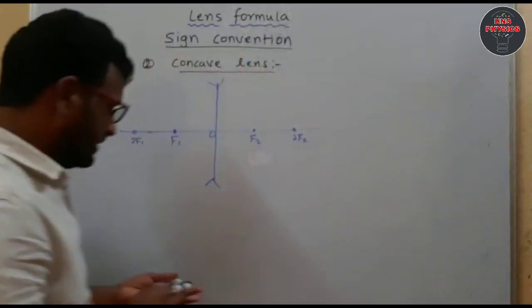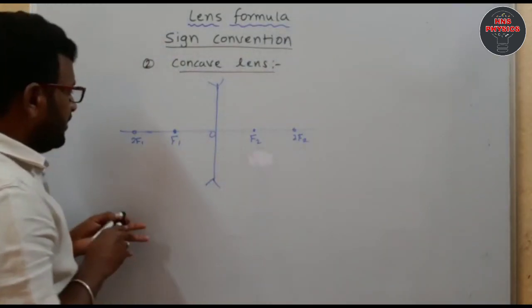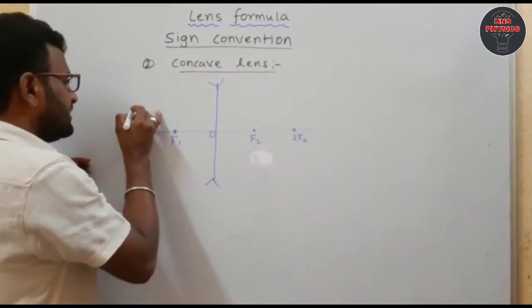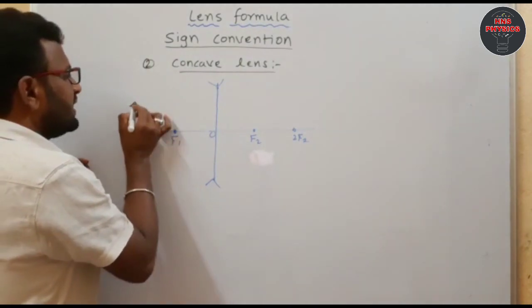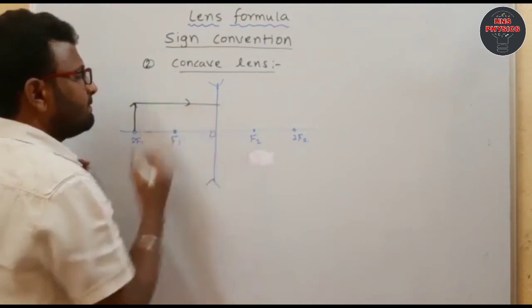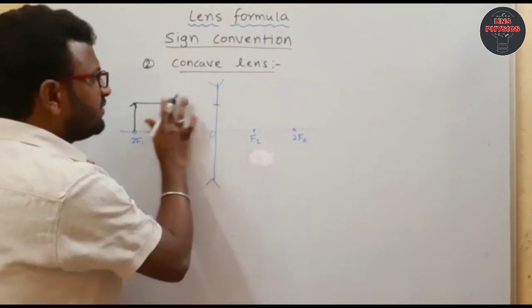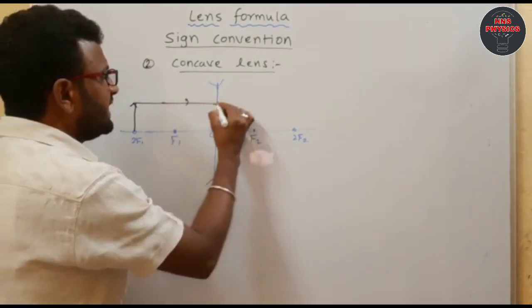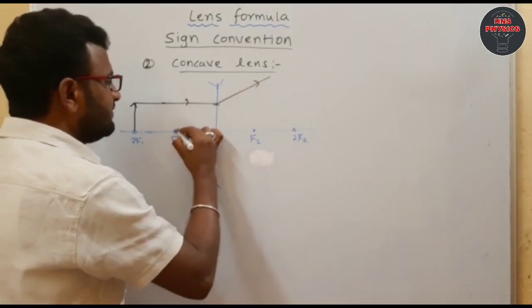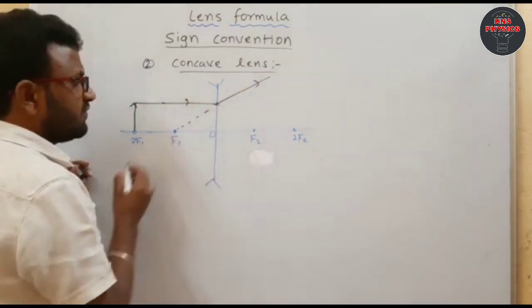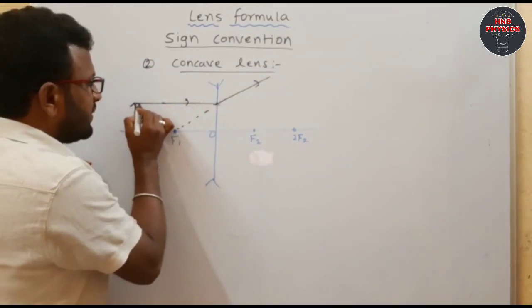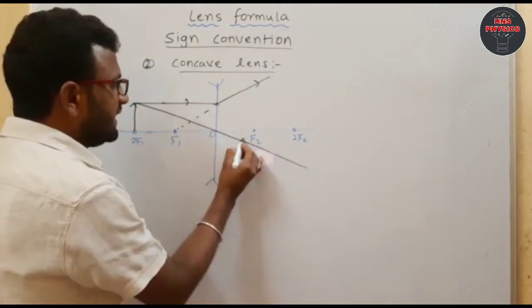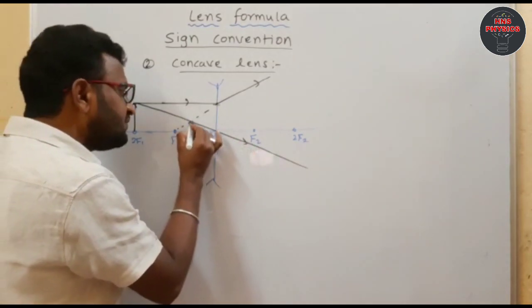We have to see the sign convention. For example, when the object is placed at 2f1, a ray passing parallel to the principal axis diverges after refraction, appearing to go from the focus, and another ray passes through the optic center without deviation. So the image is formed here.